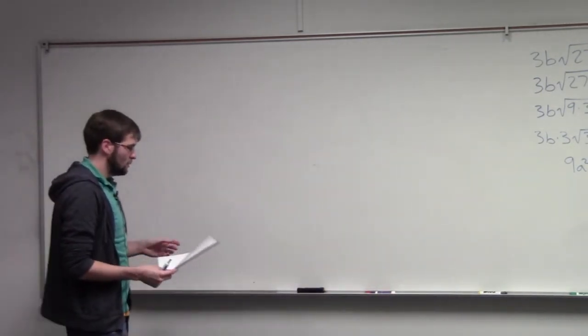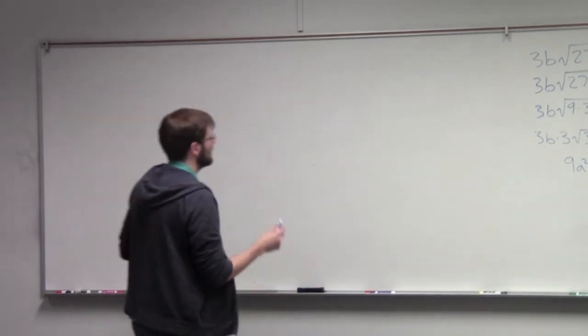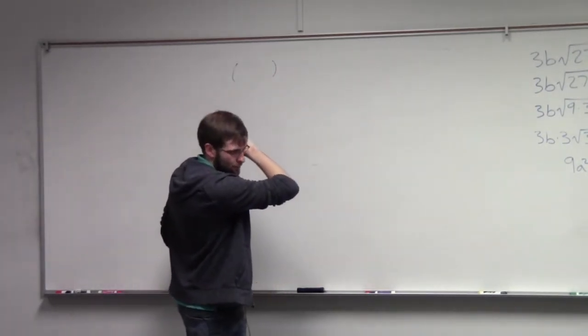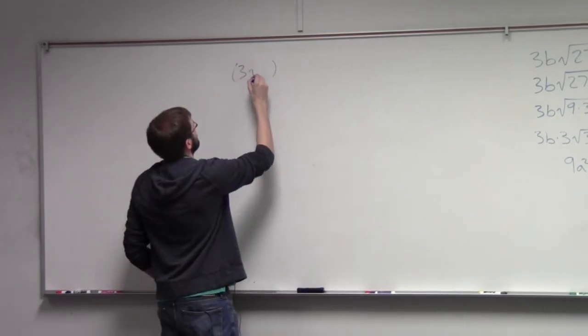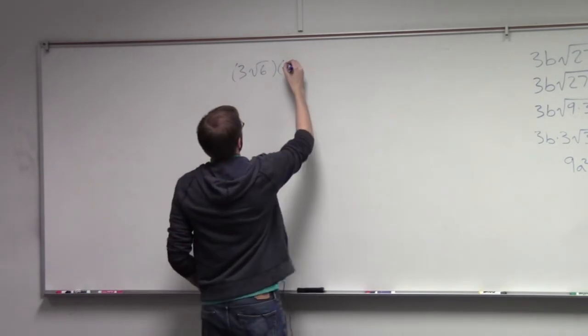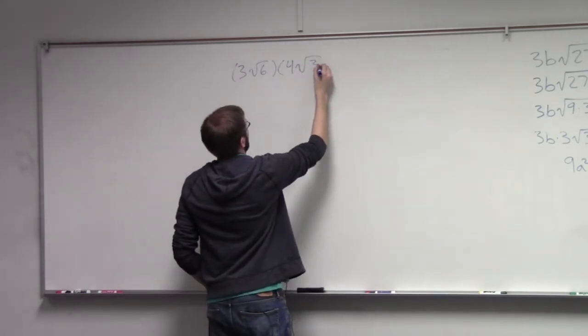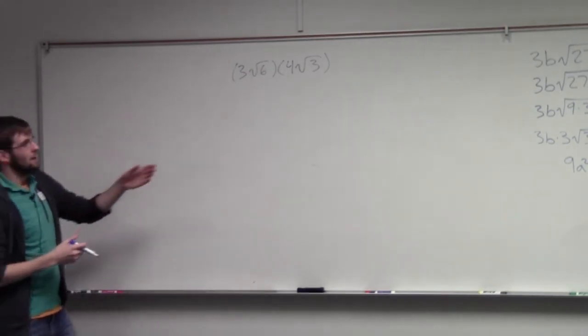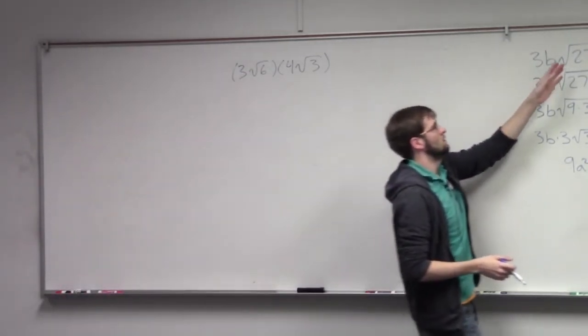So next we want to do multiplication. So I have 3 square root of 6 and 4 square root of 3. Kind of like with adding, you have to add the stuff in front and the stuff on the inside.